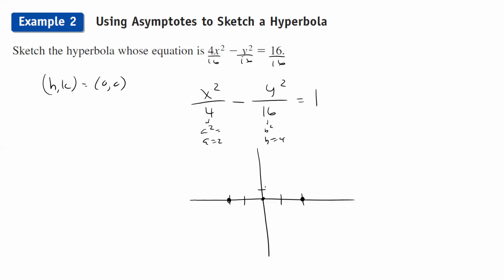Then I'm going to go out 1, 2, 3, 4, put a dot there. Then we're going to go 1, 2, 3, 4, put a dot down there. That's my B values. Good there? As far as drawing the hyperbola, we'll do that in just a bit here.